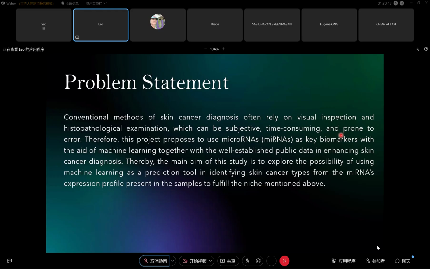Therefore, in this study, I propose to use microRNA as a key biomarker with the aid of machine learning, together with public data that is already well established on the internet, in enhancing skin cancer diagnosis. Thereby, the main aim of this study is to explore the possibility of using machine learning as a prediction tool in identifying skin cancer types.